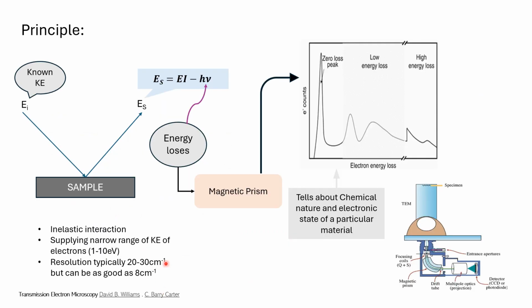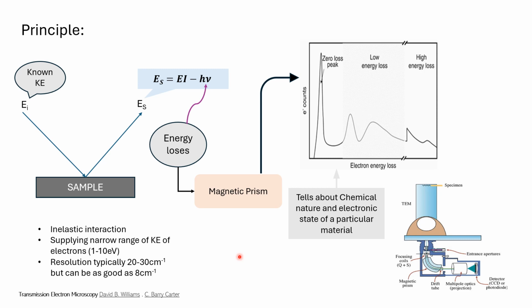So in EELS, when we irradiate a sample by an electron beam of known kinetic energy, it triggers many interactions along with inelastic interactions. Due to these inelastic interactions, some amount of energy gets lost during the process, and we can actually calculate this amount of lost energy.